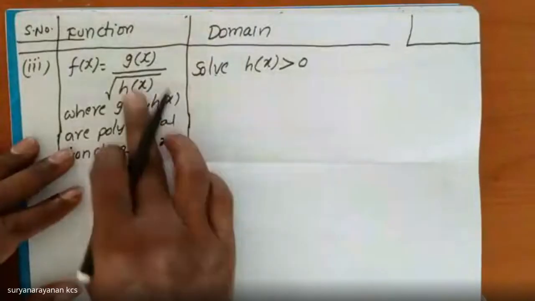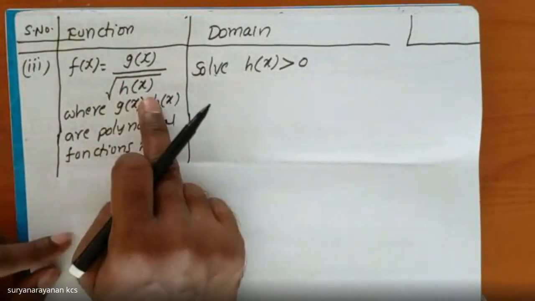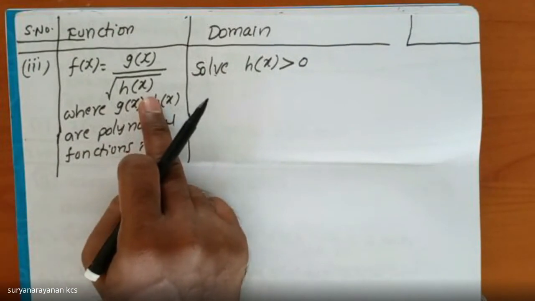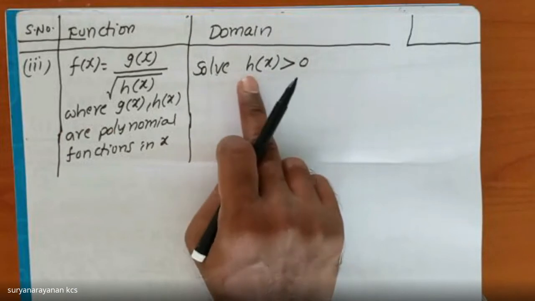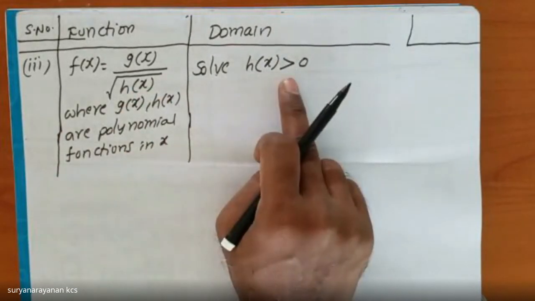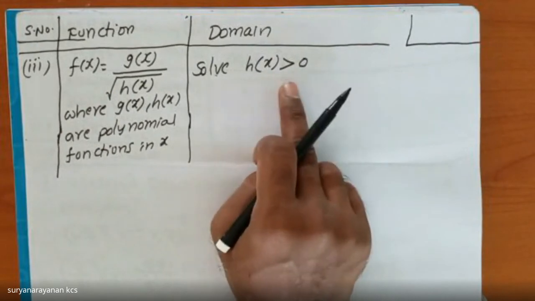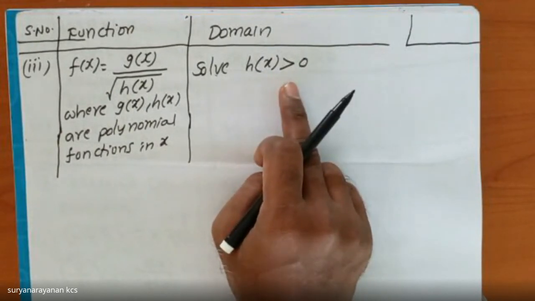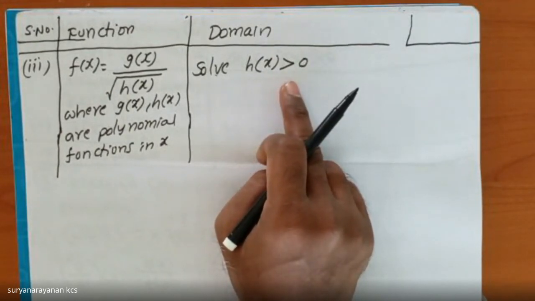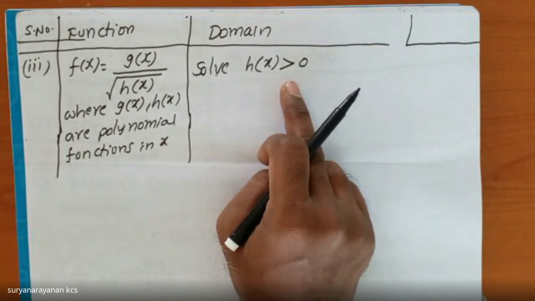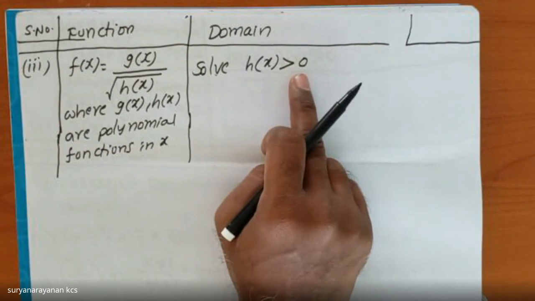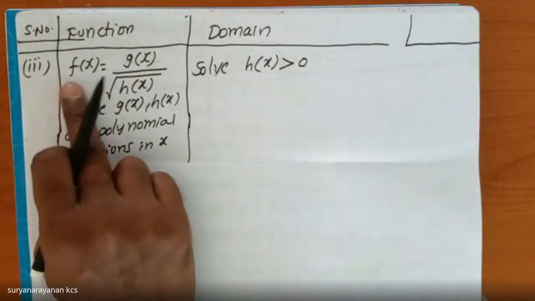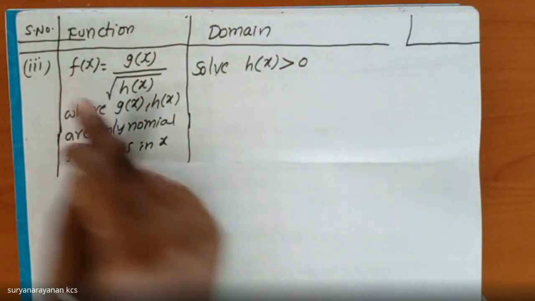But here this function is in the denominator. That is why we should not take the value of this function equal to 0. So it should be a positive real number. You have to solve this inequation for the values of x. The set of values of x which satisfy this inequation denote the domain of the function f. Okay.